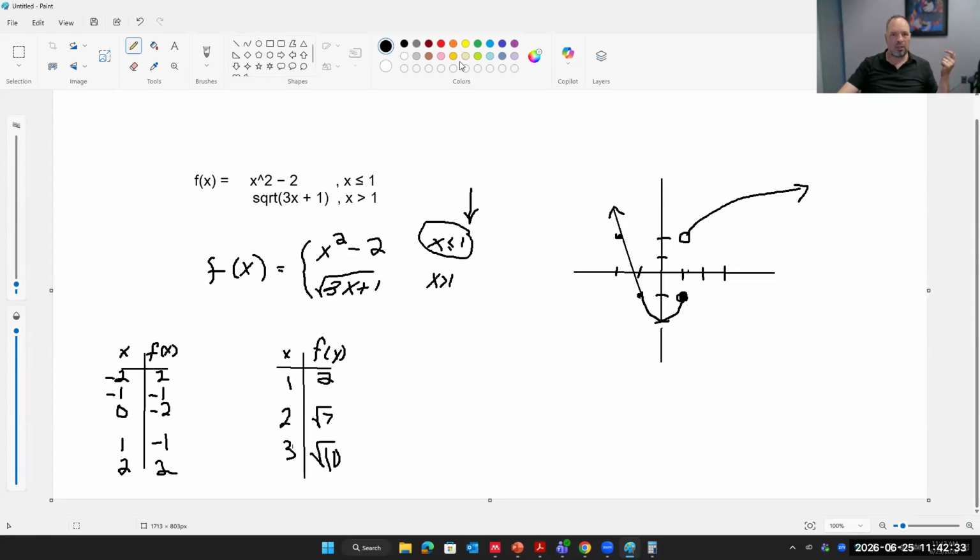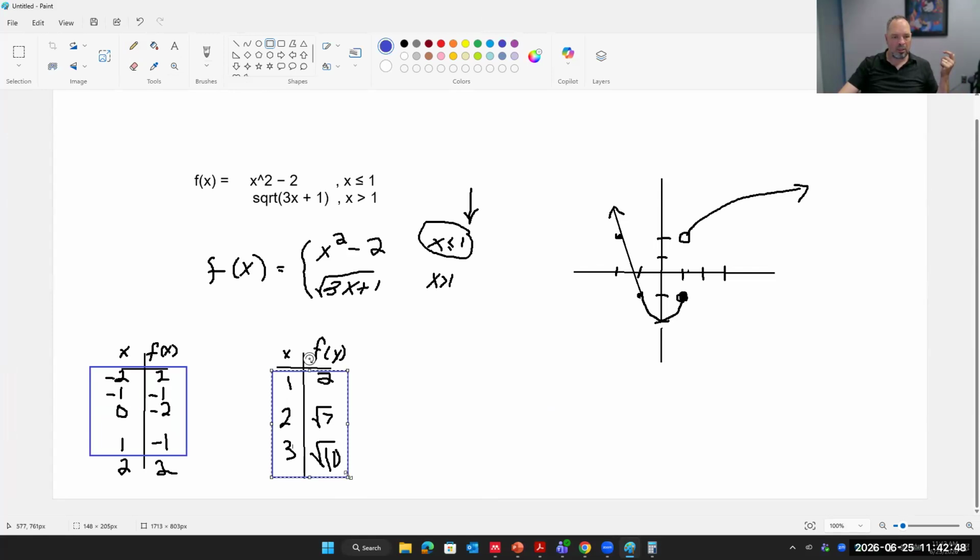So really, I needed to be careful and know that I needed all of this and then restart from 1. And that's the connector. And then to know this is shaded because of this symbol, and this is not shaded because of this symbol.